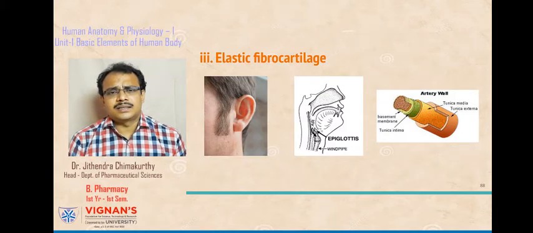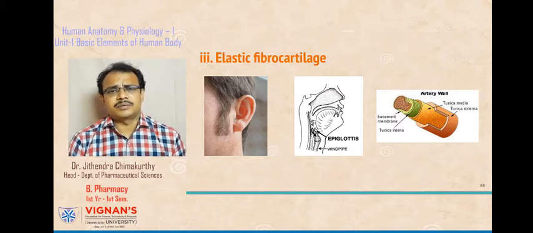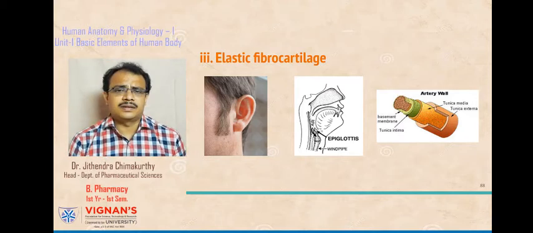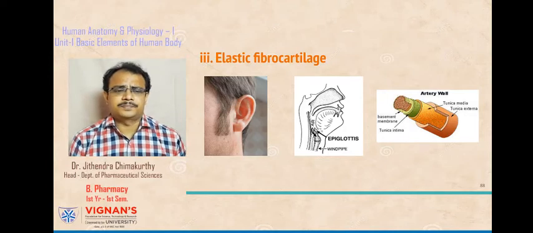Example, the pinna or ear lobe consists of elastic fibrocartilage. The epiglottis, which covers the trachea, also is an example of elastic fibrocartilage.